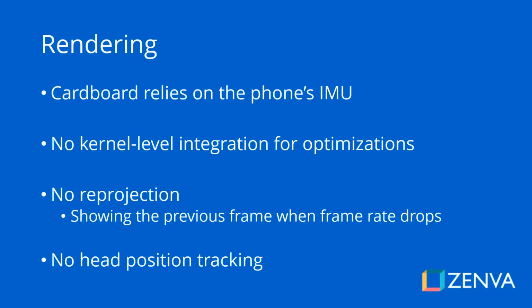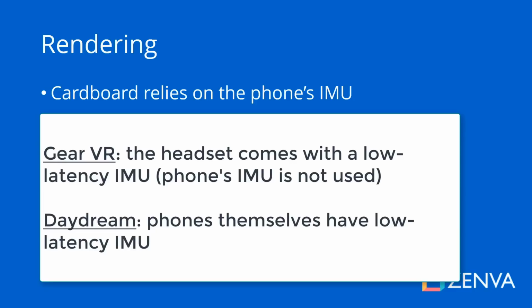So if you have a phone that is VR ready, that has a very low latency IMU, this means that the time from when the measurement is taken to when it is delivered to the software is very short, then you're going to have a great experience with Cardboard. But the most common case is that phones don't necessarily come with a good IMU, and so the Cardboard experience on many phones can be quite laggy.